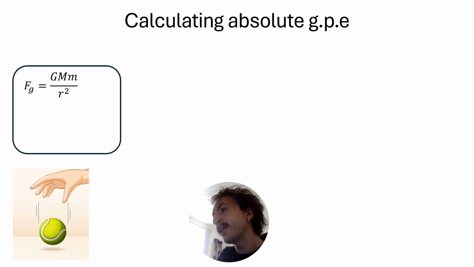Now it's worth saying, this isn't going to be really important for this video, but for future videos it might be. It's worth saying that this equation works as long as we can approximate the planet to be a point particle, and we can also approximate our test particle to be a point particle.